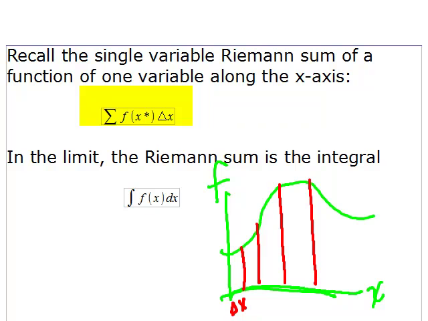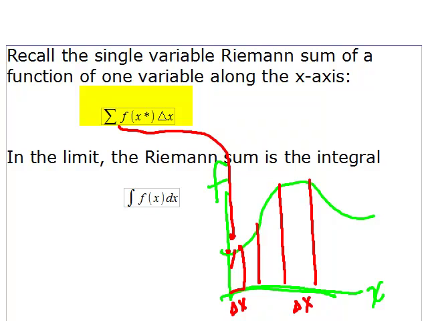Each one of these is the same width. And f of x star is the value of the function at some place in this little interval. It could be at this endpoint or that endpoint. It could be at the middle. There are complicated ways to figure this out. It doesn't matter. So you're taking the value of the function somewhere. So that would be f of x star.